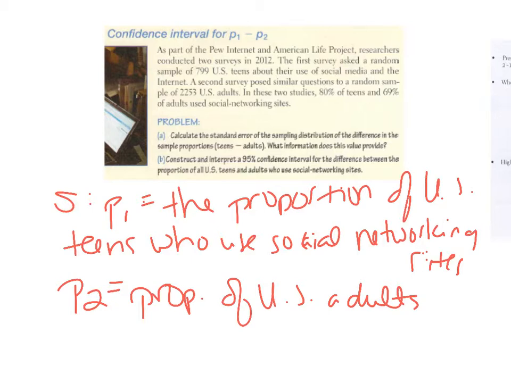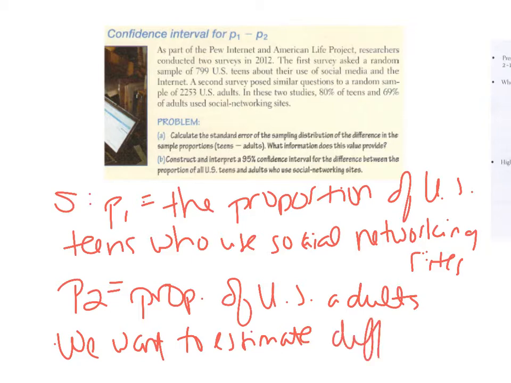So this is, I'm constructing a confidence interval. I'm not doing a significance test. So if I'm doing a confidence interval, I'm trying to estimate the true difference. So I need to state that I want to estimate the difference of P1 minus P2, and I want to do that at a 95% confidence level.